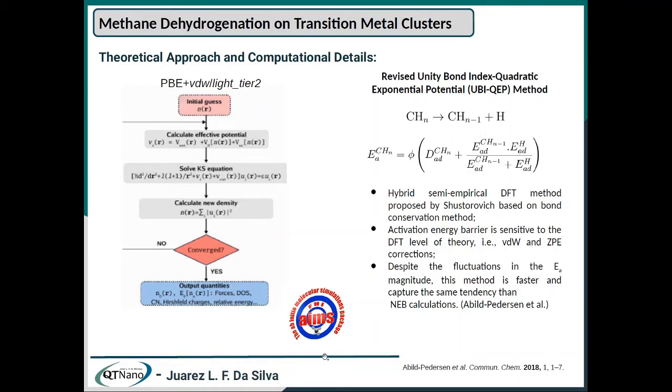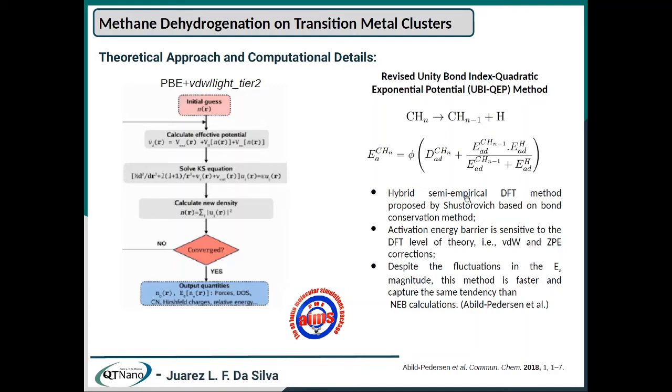We use a revised unity bond index quadratic exponential potential method, where we can access the magnitude of the activation energy by knowing the adsorption energy of each species, as well as the dissociation of the species in the gas phase.